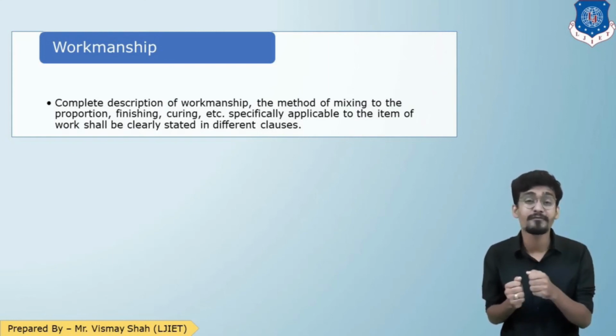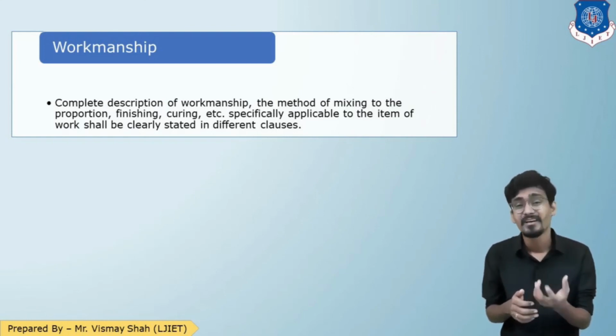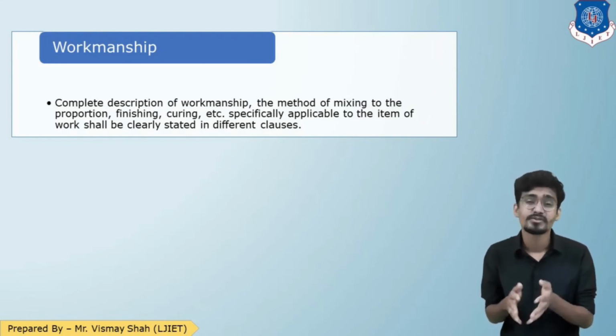Even if your product is giving good strength, but it is not to the client's liking, you have to recreate it. So you need to define workmanship precisely in the specification.